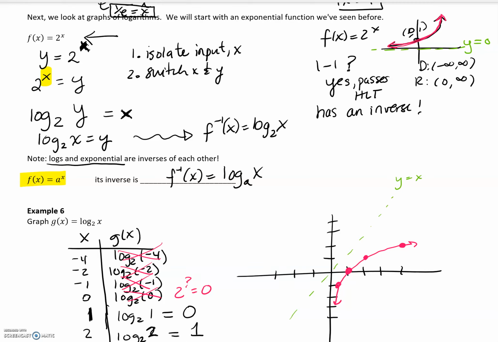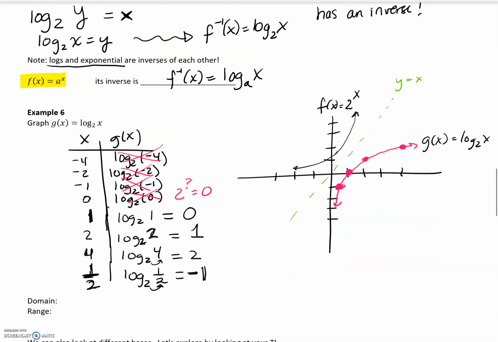So my exponential function will actually be here, and its inverse is going to be this g function that we got, which is log base 2 of x. So if you wanted to, you could have just graphed 2 to the x and then switched all those x and y values, and you would get this log function, because logs and exponentials are just inverses.